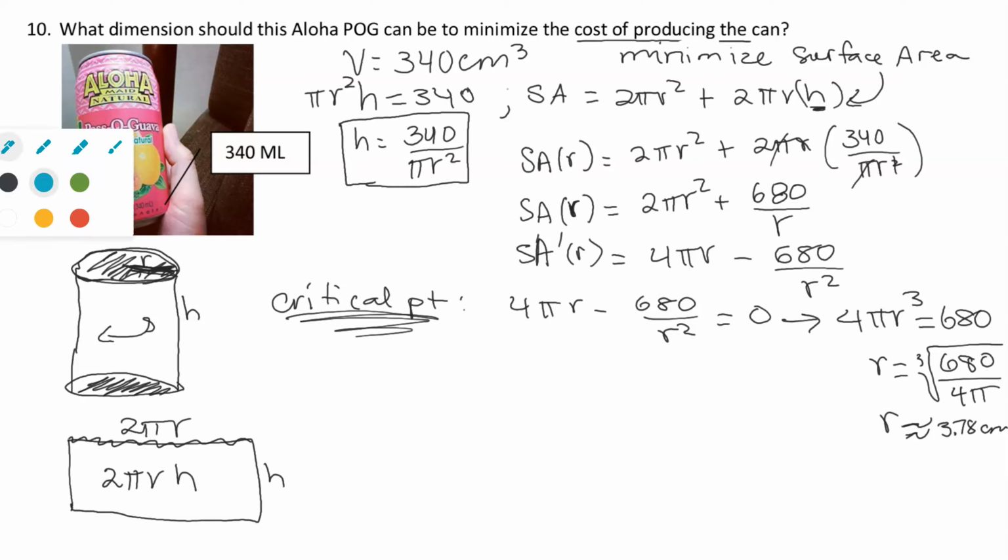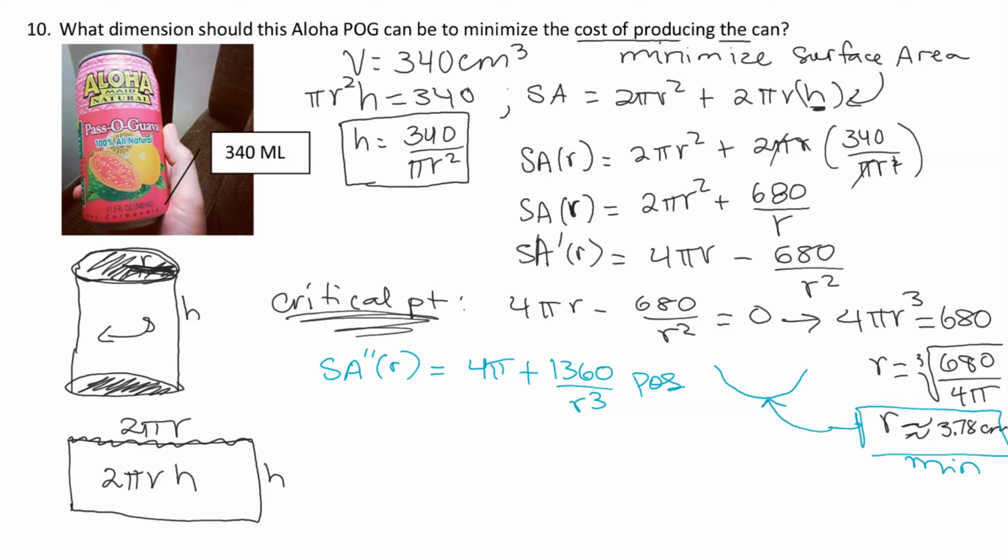This is always going to be positive, so your function is concave up, which means right there you have a minimum. If the second derivative is positive, then the function is concave up at that point, which means you have a bottom, or a minimum. So we just confirmed that that is the minimum.